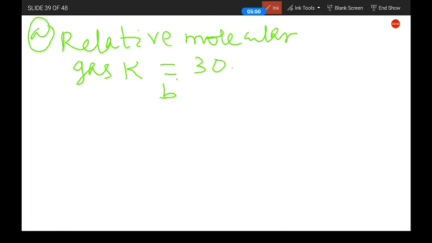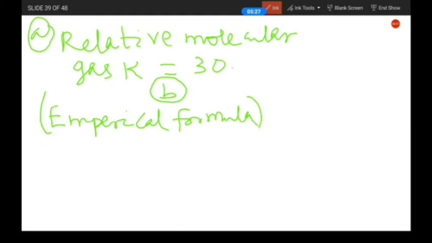Now question B says calculate the molecular formula. In our previous courses, we did courses on molecular formula and empirical formula. You can go and buy the courses as well. And you have to know that empirical formula, we are given that in the question. Empirical formula times n will give us relative molecular mass, right?